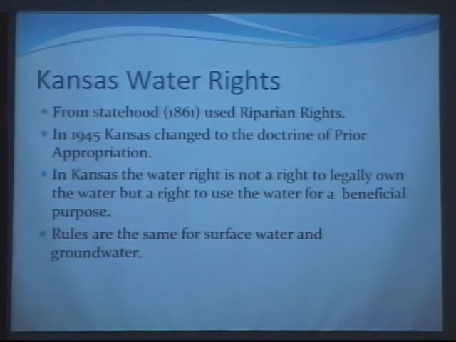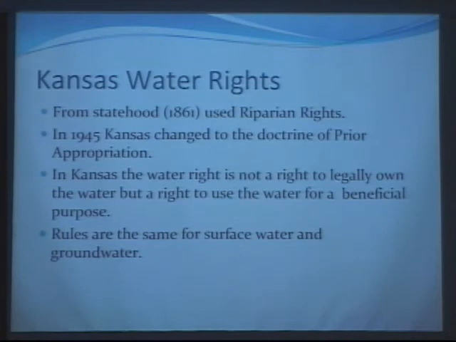Okay, for Kansas, at statehood, we started using what's called riparian rights. Riparian is a word that was discussed some last week, the term riparian vegetation. Do you recall what that was connected with? It's the vegetation along the stream.